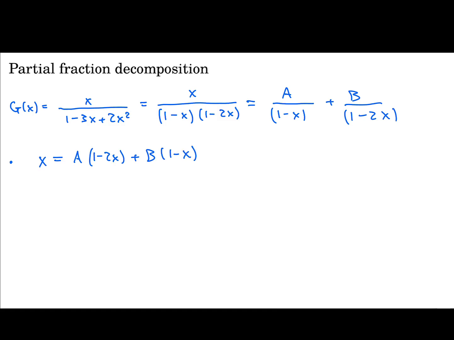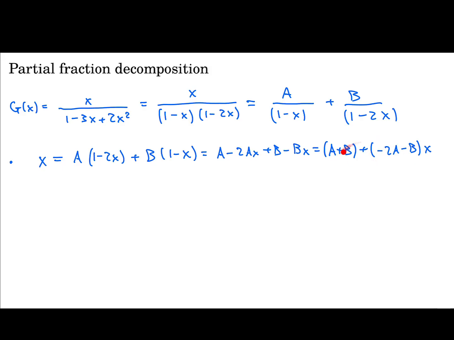And you can write this out and match coefficients. So we get a minus 2ax plus b minus bx. Matching the coefficients, you get a plus b as the constant coefficient, and for x you get minus 2a minus b times x.